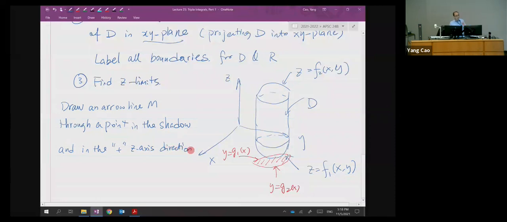So that's step number one, scan step one.